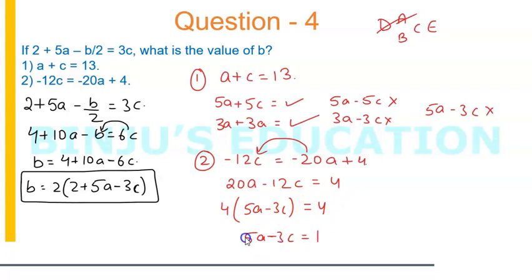Bingo. I have the value of 5a minus 3c. I was only supposed to manipulate this expression, which I did. So what is 5a minus 3c? 5a minus 3c is equal to 1. So can we figure out the value of b? Yes, we can. Hence your answer is again option number B.